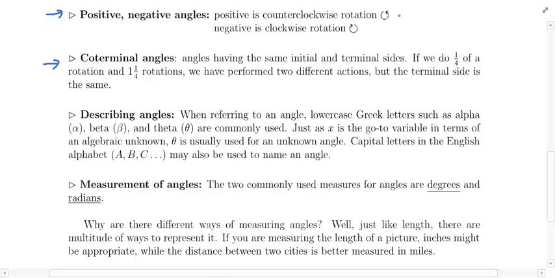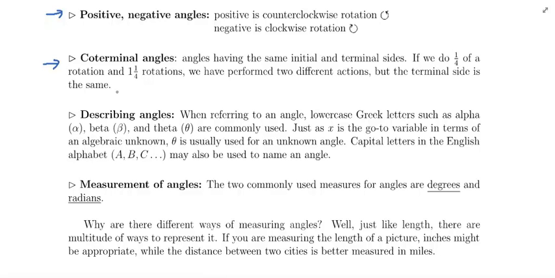So if we do 1/4 of a rotation and then we do 1 1/4 rotations, for example, we have performed two different actions, meaning the amount of rotation is different in each situation. However, if you drew this out, the terminal side will be the same. So again, with coterminal angles, you have two different angles.